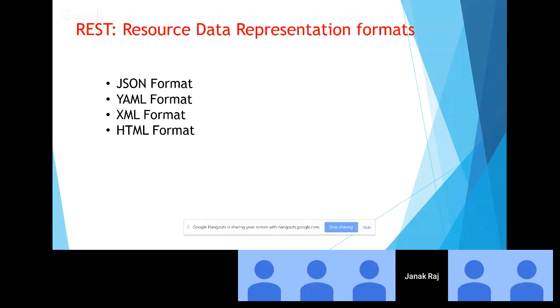Can I interrupt you? How can you represent data in HTML format? I haven't shared it here, but I saw it while I was doing the research. I can't tell you exactly, but I have heard of it. The other three look pretty standard, but HTML format, I was also surprised, but you can do this too.